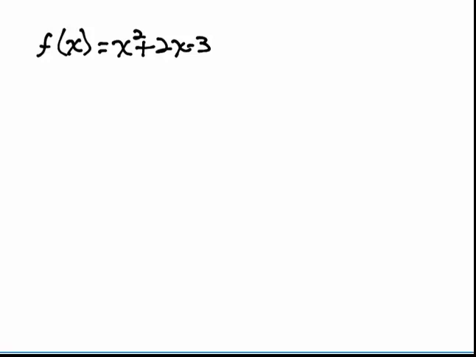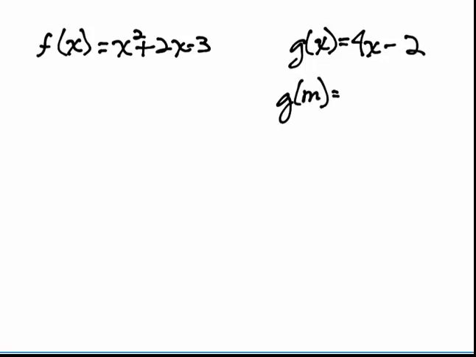So just to kind of get your brain going, and g, I should do g of x as well, and that's our 4x minus 2. Okay, so in the middle of page 67, you notice now that g of x is an m. Well, it's the same process. All you have to do every time you see that x is put an m in.